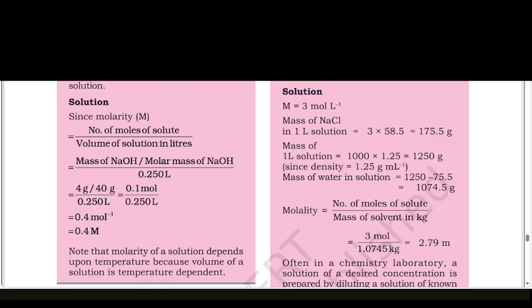Calculate the molarity of NaOH in the solution prepared by dissolving 4 gram in enough water to form 250 ml of the solution. So moles of NaOH we don't know, but we know the mass of NaOH is 4 and its molar mass is 40.